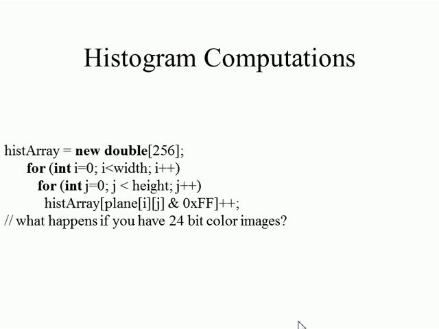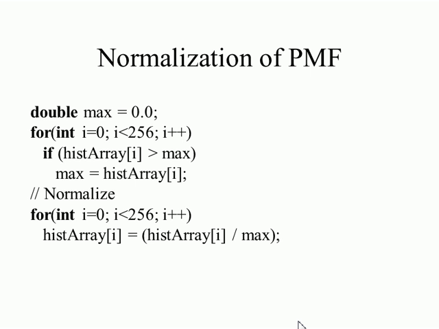Well, the same thing is going on here, only with a much smaller array. Here we have 3 arrays, red, green, and blue. Each one goes from 0 to 255. And we'll use a mask, 0xFF, to make sure the values that come in are from 0 to 255. Then when we're done, and we've done the probability mass function computations, it'll be because we've taken the histogram array counts and divided through by the total number of events.